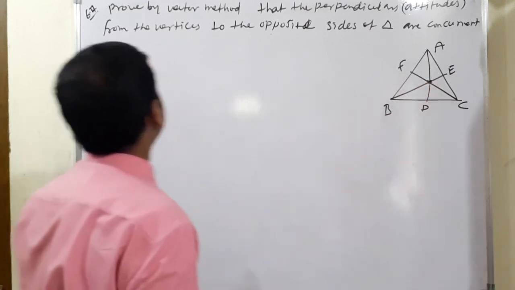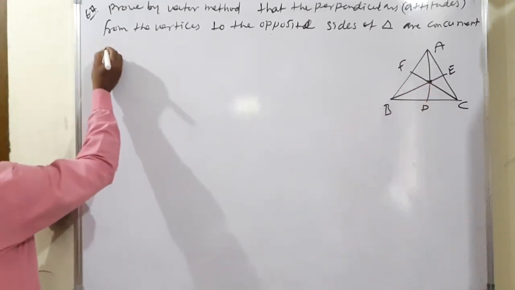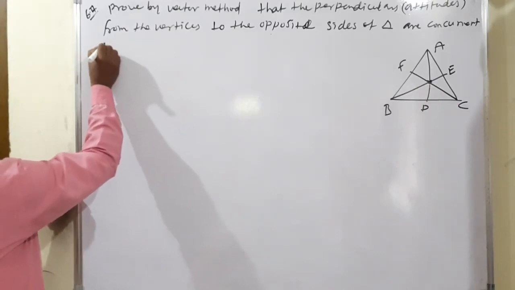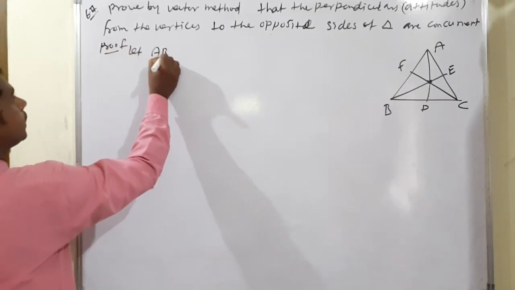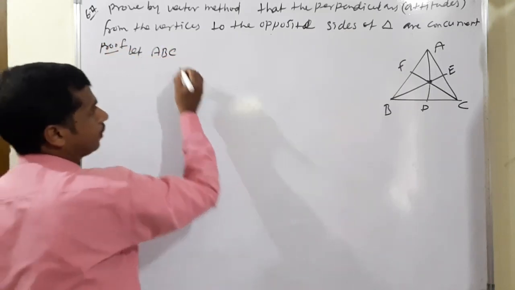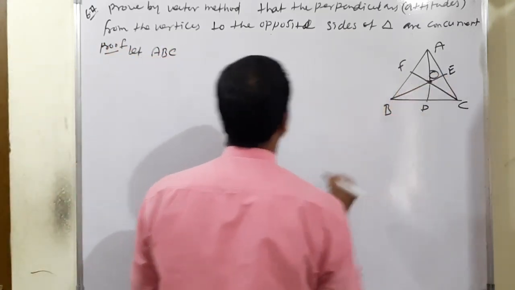Now the proof. Let ABC be considered as a triangle. The meeting point is considered as the origin.